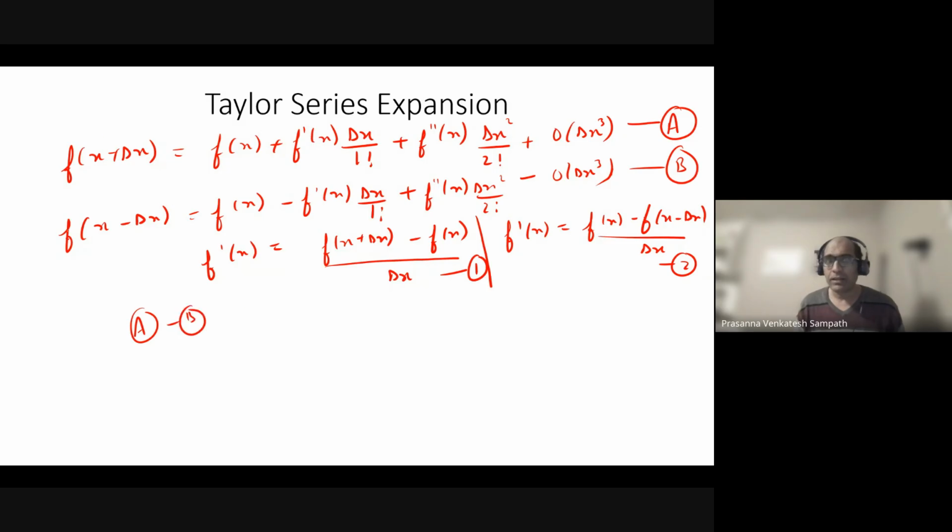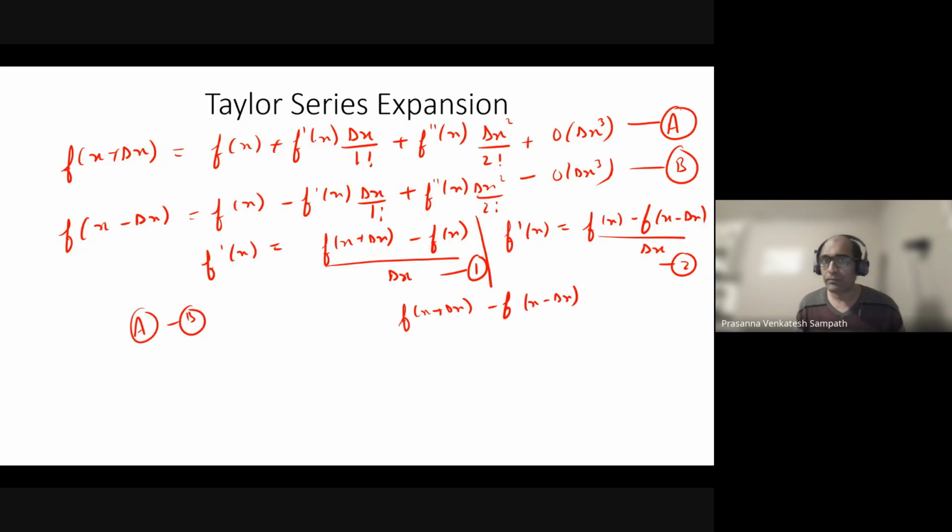On the left hand side, I'll get f of x plus delta x minus f of x minus delta x. So I'm going to write that over here: f of x plus delta x minus f of x minus delta x.